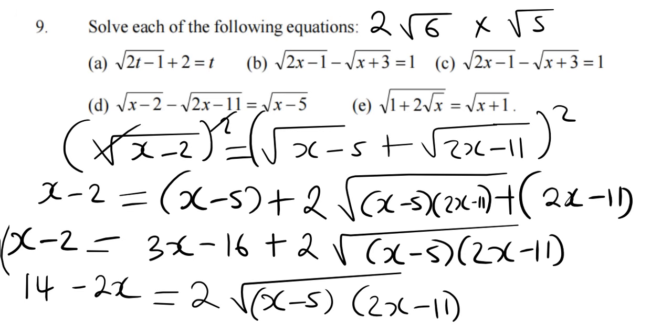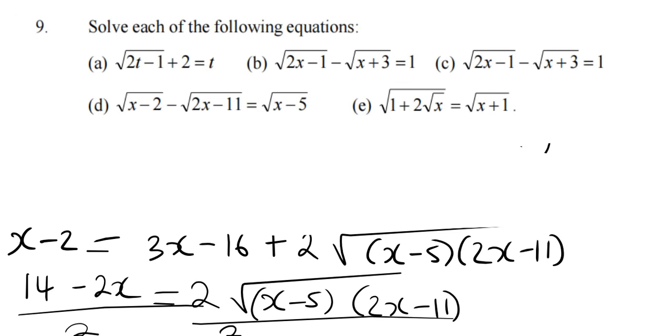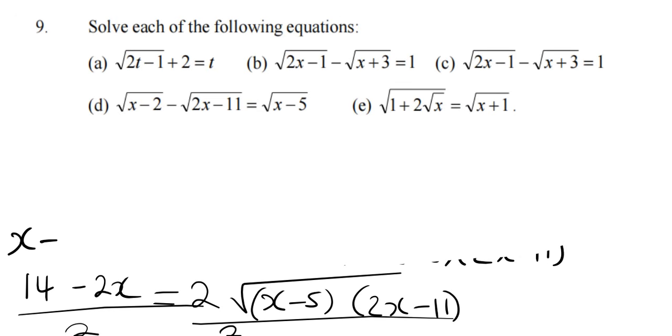Alright, so this is where we've reached. Now for us to remain with what we have in the bracket, or what we have under a root, I'm going to divide by 2 on both sides. So now allow me to rub on top. Now if I divide with a 2 throughout, so the 2 into 14, that is a 7.